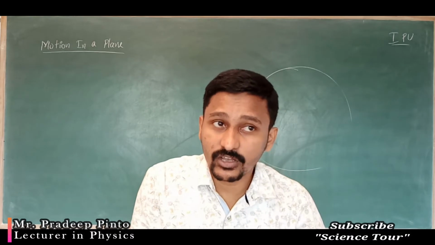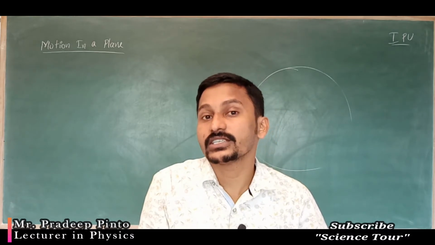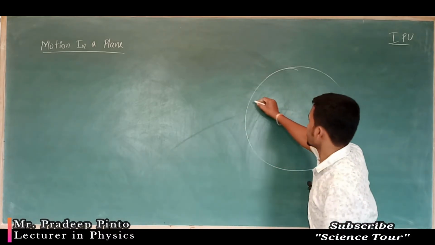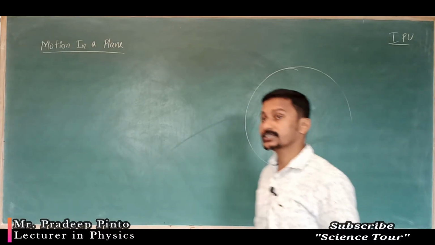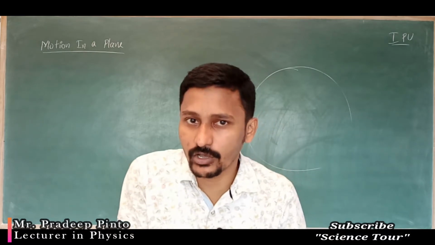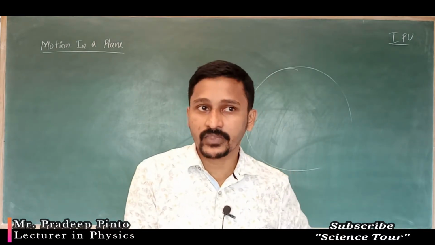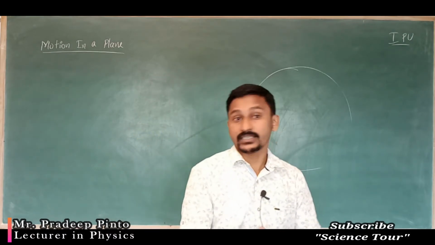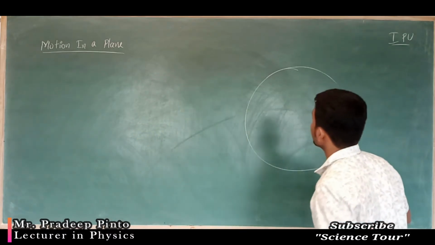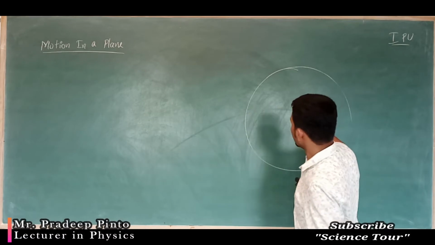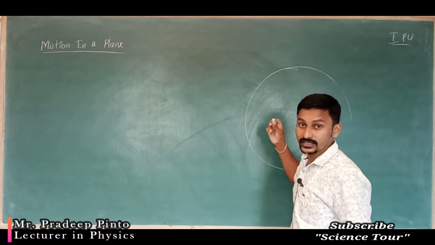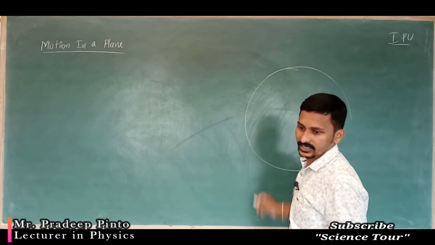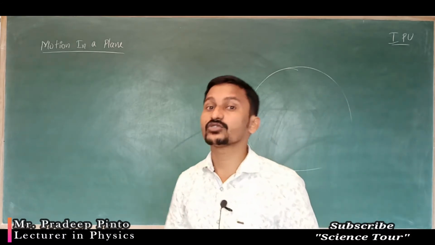What is the direction of velocity? The direction of velocity is along the tangent to the path. Since there is a change in velocity, there must be acceleration. What is the direction of that acceleration? By drawing the triangle of change in velocity, we got a vector which is towards the center.